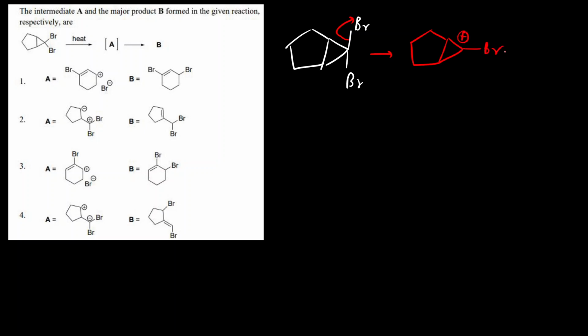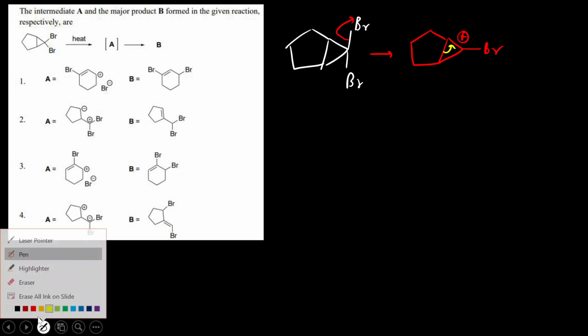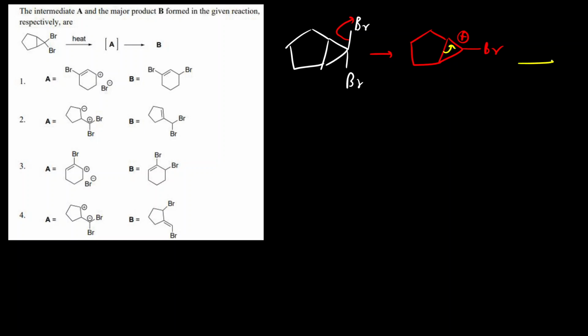The next step is ring opening. How will this ring open? This will move here, and we will get a 6-membered ring.